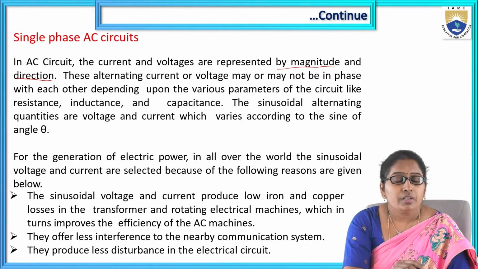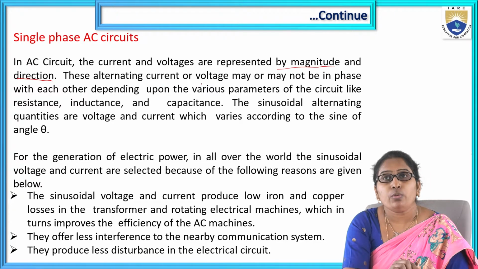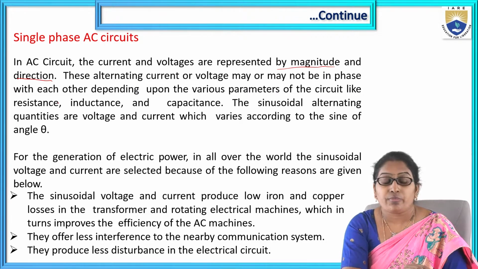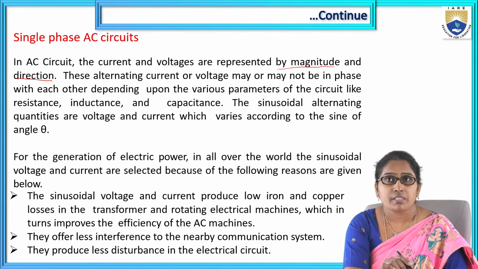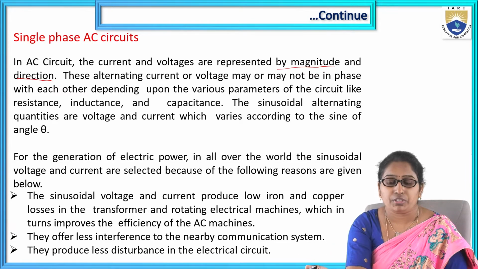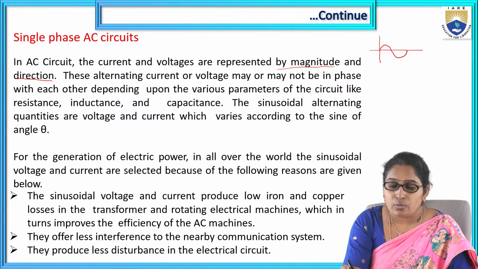Okay, now here, these alternating voltage and current may or may not be in phase with each other. In an AC circuit, they may or may not be in phase. In phase means the angle difference between voltage and current is zero.